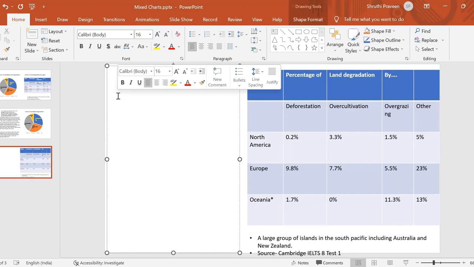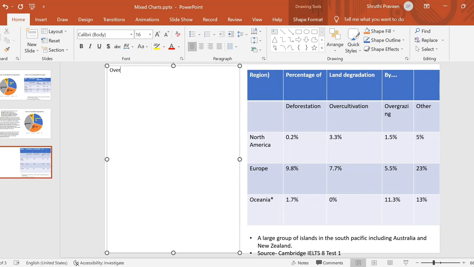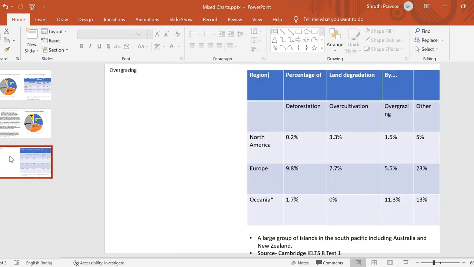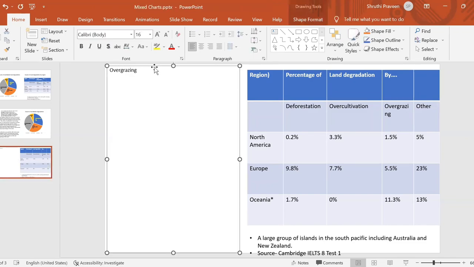So I'm going to compare Oceania overgrazing and Europe overgrazing. Overgrazing accounted for. Okay, wait. I don't want to use accounted for again because in body paragraph 1 I've used it. So here let me write comprised of.